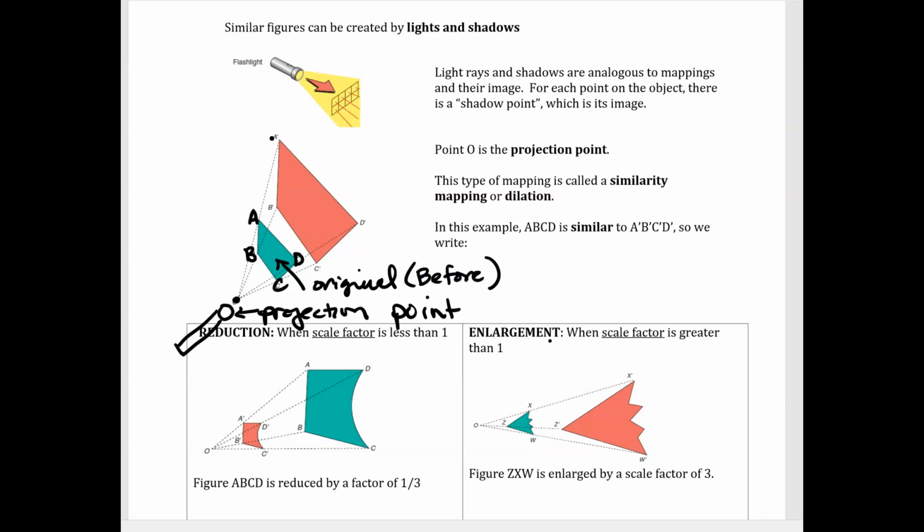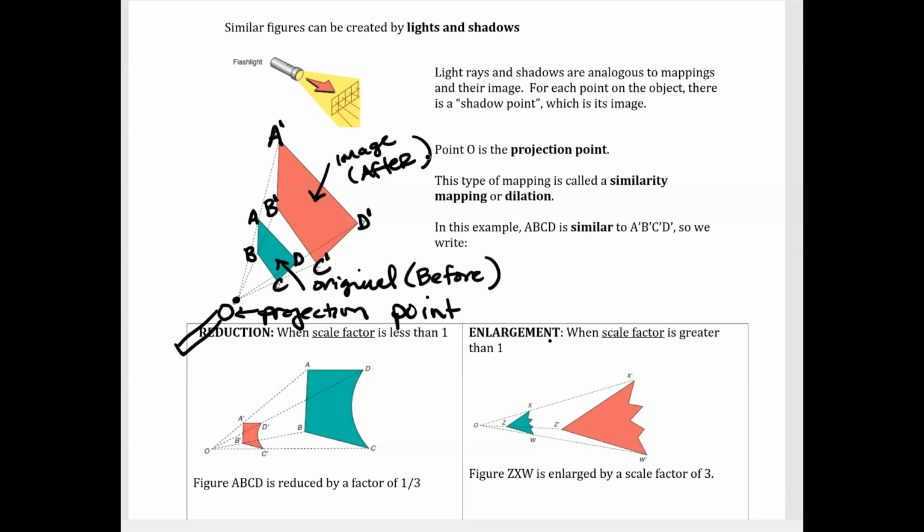And then if you look at the letters on the red shape, you see they all have apostrophes. We can call these prime, so A prime, B prime, C prime, D prime. This is what we call the image, or the after. So what happens after you shine a flashlight on the green figure. Just pay attention to how the letters are drawn, and the ones with the apostrophe will always be your after or your image.